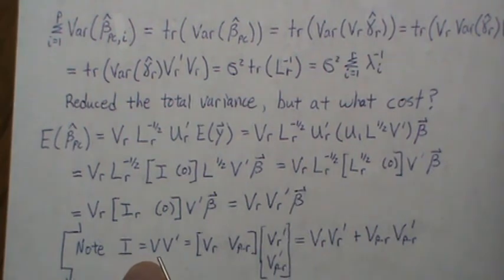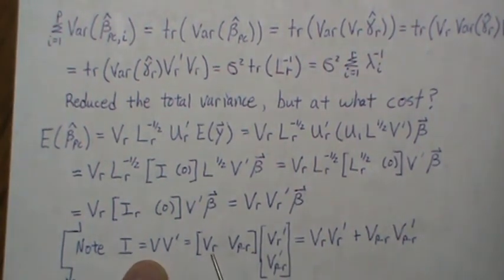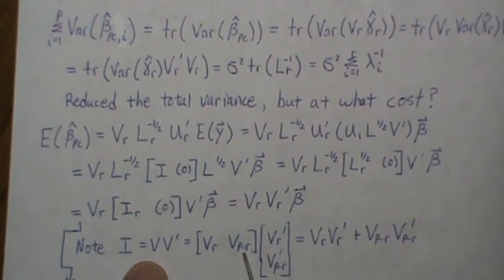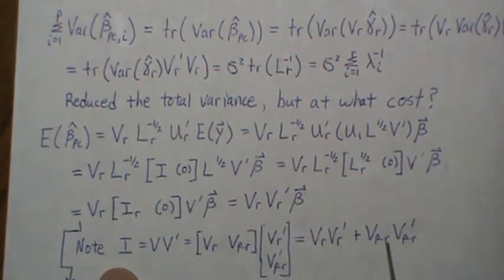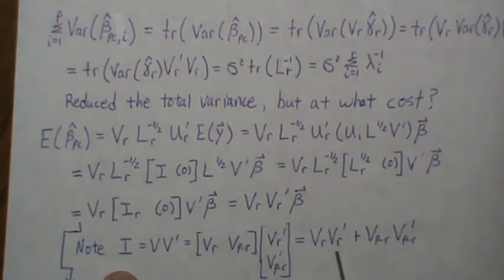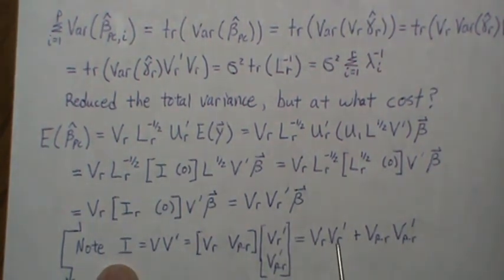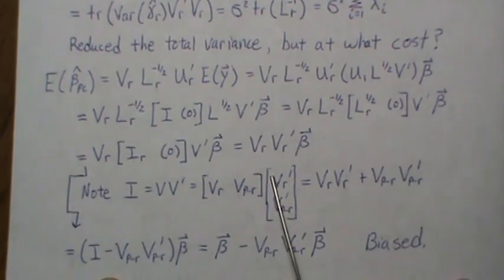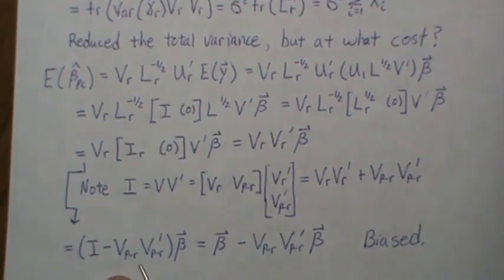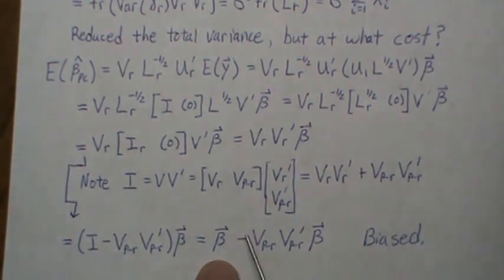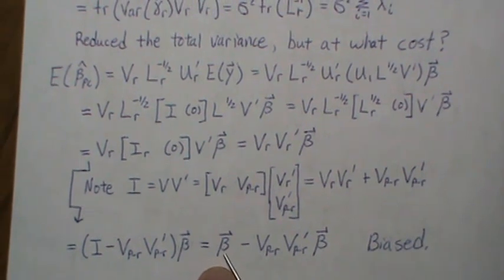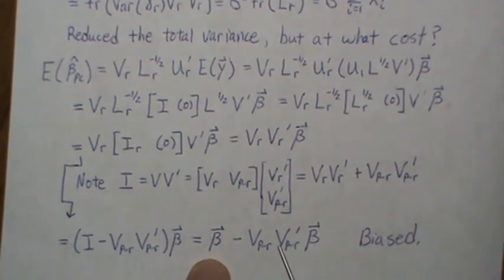The identity matrix can be thought of as V V prime, but V was really VR and V P minus R in the same way transposed. So when you do this multiplication, you get the sum of these matrices. If we take this to the other side, we get an expression for VR VR prime that we can substitute in. So we substitute it in, I minus V P-R, V P-R prime, and then we multiply the beta in, and we get this. So the expected value of the principal components estimate is biased.